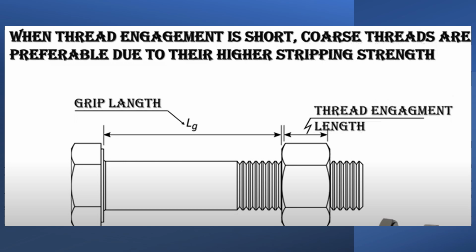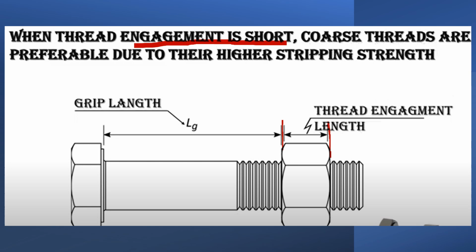When thread engagement is short, coarse threads are preferable due to their higher stripping strength. When I say the engagement is short, this is called the thread engagement length. If we have more engagement area, that means more threads are working.